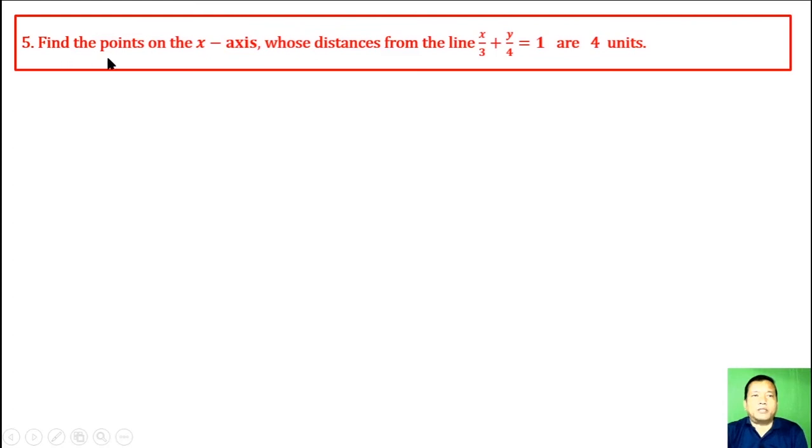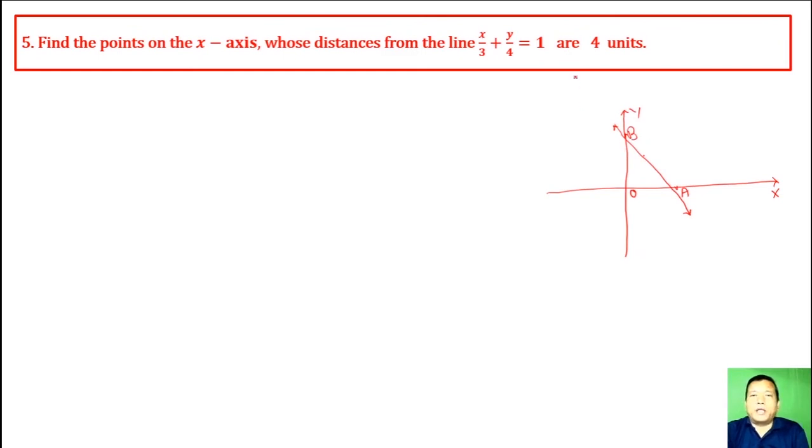5. Find the points on the x-axis whose distances from the line are 4 units. We have to find the points on the x-axis whose distances from this line are 4 units. Let us roughly draw. This is the origin, this is the x-axis, this is the positive direction of the y-axis, and this is the line, AB.